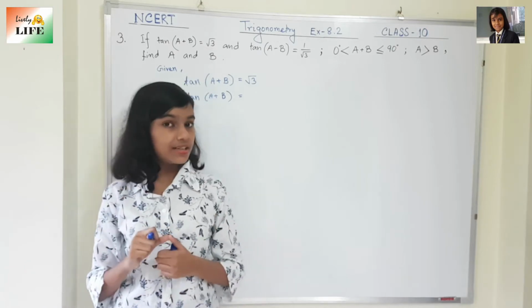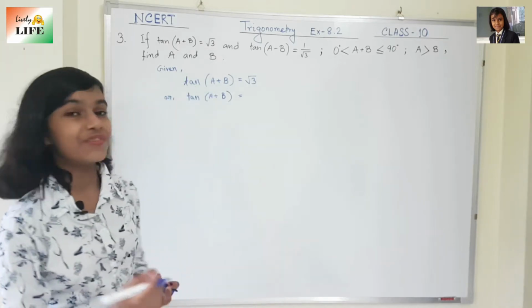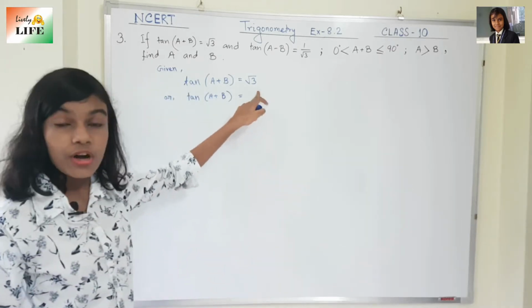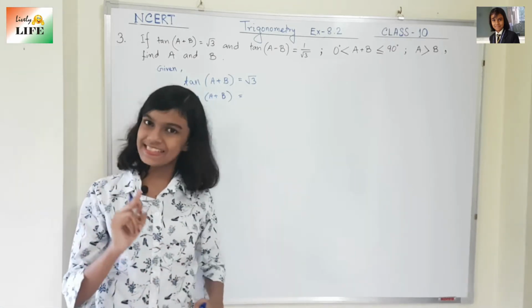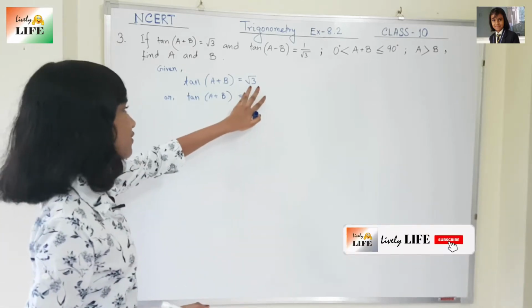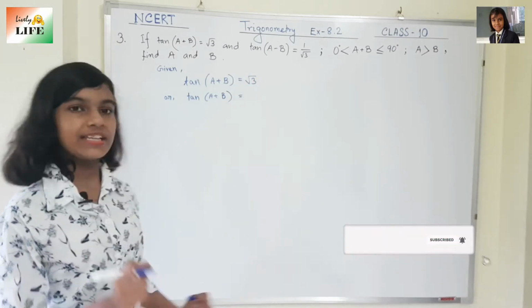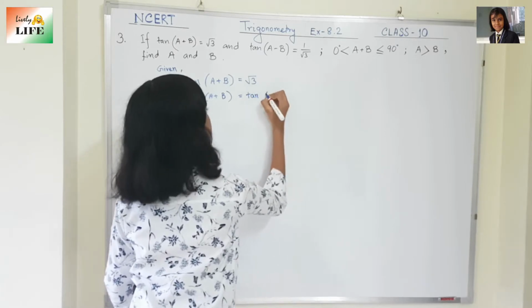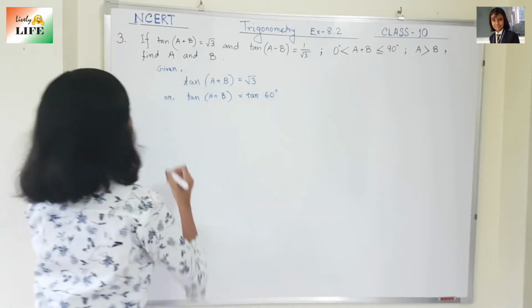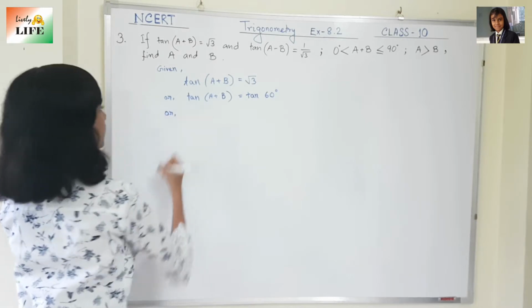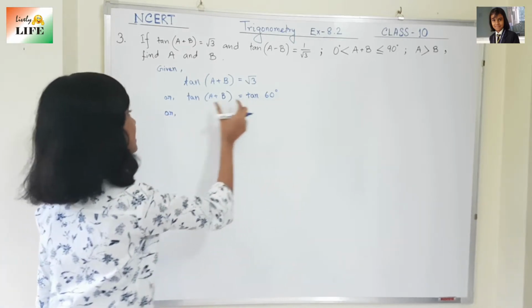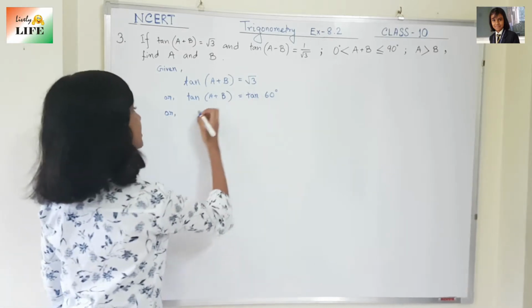We have learned earlier all the values of tan 30, tan 60, tan 90, right? So root 3 is the value of tan 60, remember? So we will not write root 3, we are going to write tan 60 over here, okay? Now we can write tan(a + b) equal to tan 60, so a plus b equal to 60 degree.